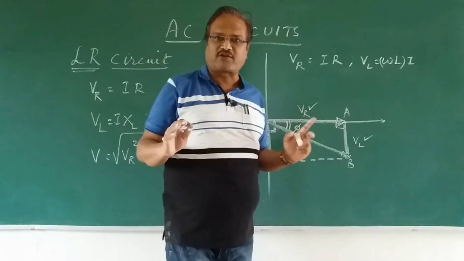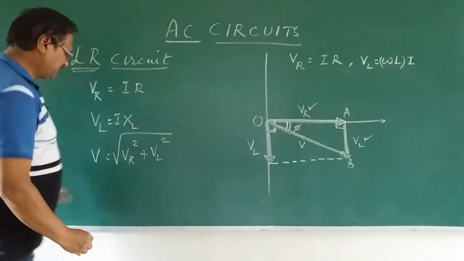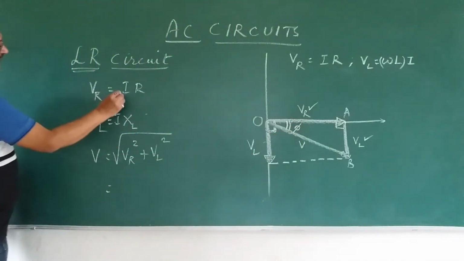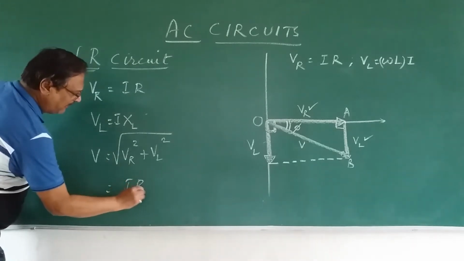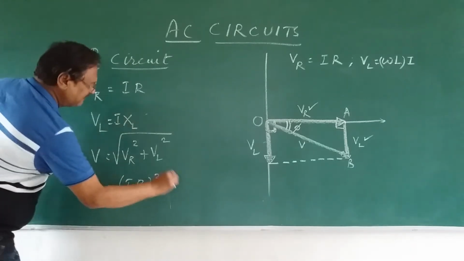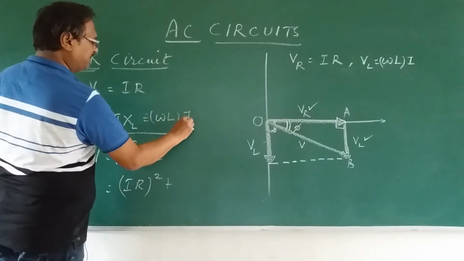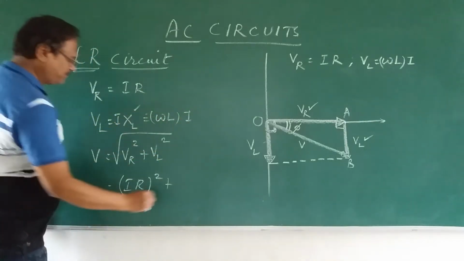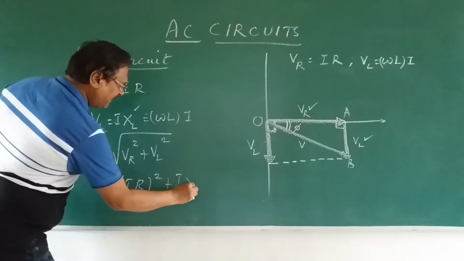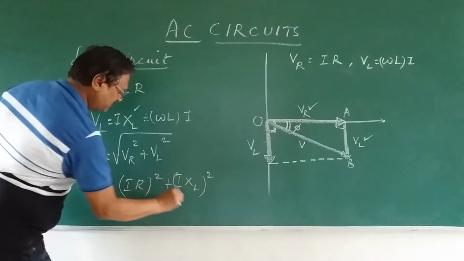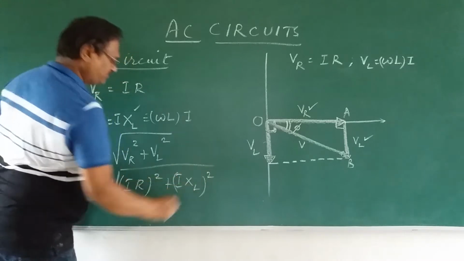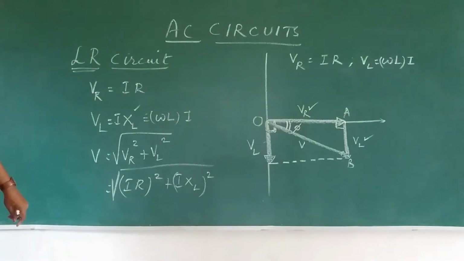I have used the Pythagoras theorem. So V is equal to the root of (I into R) whole square plus (I into XL) whole square.